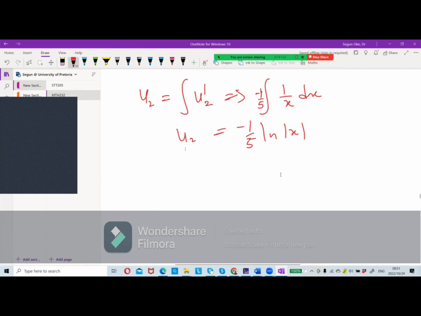So we will go back to our equation and substitute. We now have yp equals u1 y1 plus u2 y2. U1 is what?